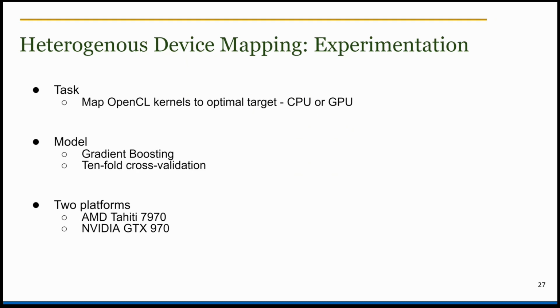Here we use a simple gradient boosting model to do the classification task, and we use tenfold cross validation since the number of data points is not very high. So we train the model on a part of the data set and test it on other parts. We do it across tenfold in order to study the generalizability of the model. The dataset had two different GPUs, one from AMD and one from NVIDIA, quite old rather.